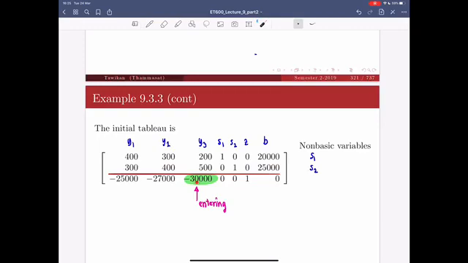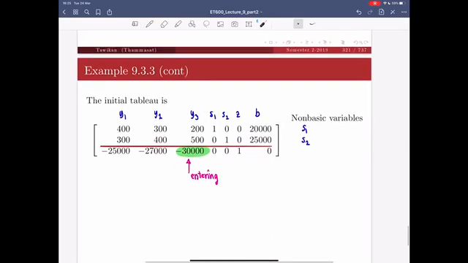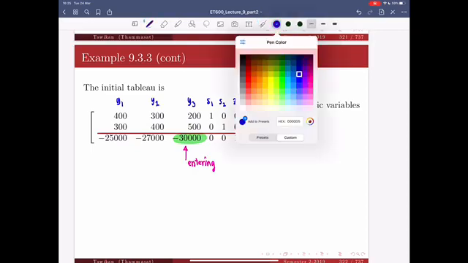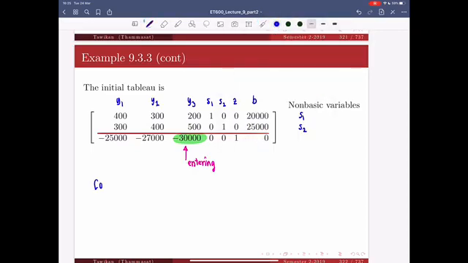I have to determine next my departing variable. And as usual, to determine the departing variable, we have to compute the ratios. There are two rows above the red line, so we have to compute two ratios and compare them. Let's go ahead and do it.